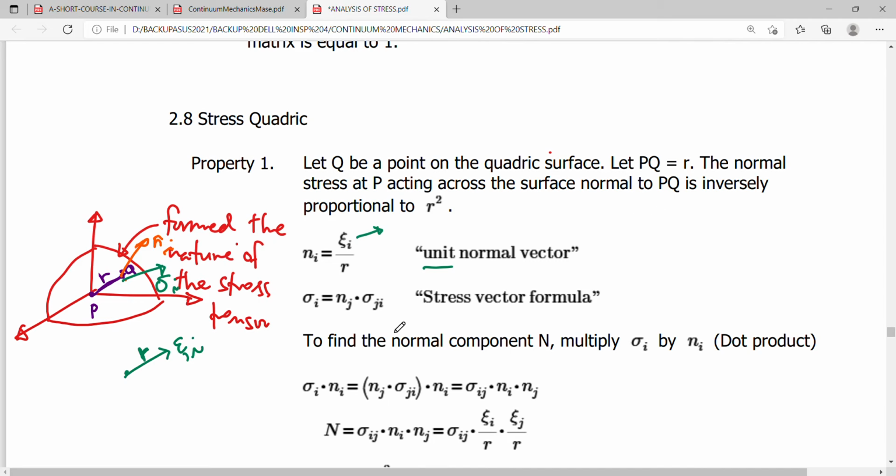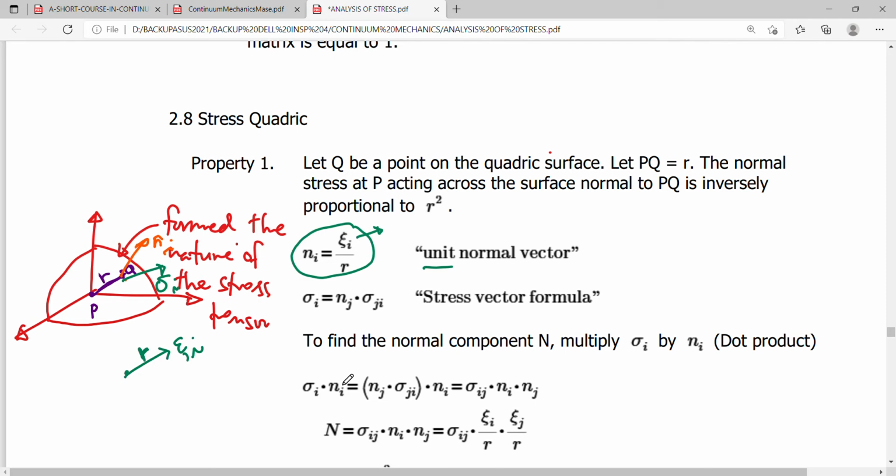So this is another relationship that you have to take note of when dealing with quadric stresses or stress quadrics in general.